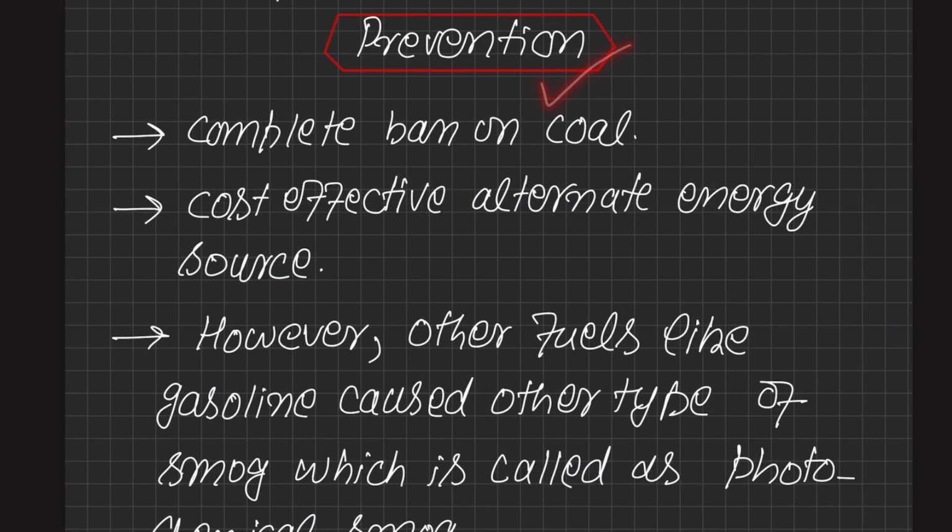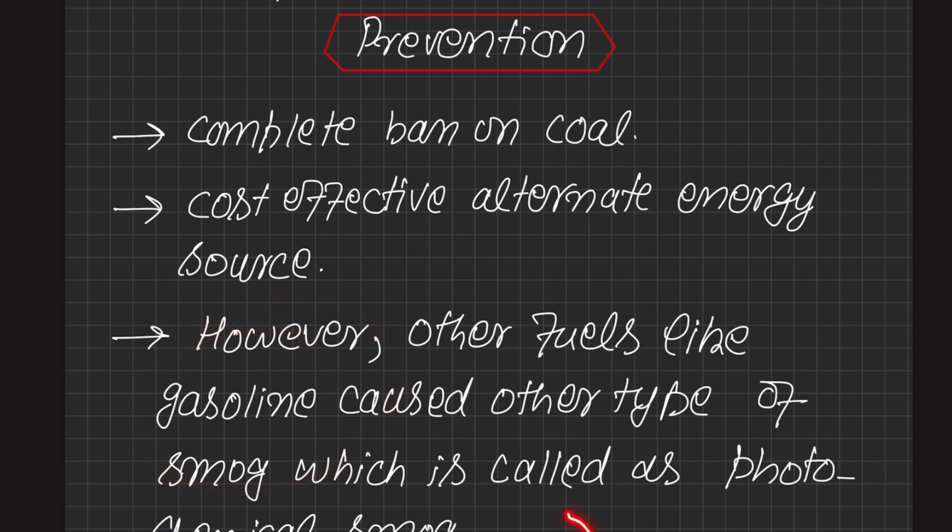So the question arises, how to prevent this smog? The one clear answer is a complete ban on coal, and to develop technologies or alternate energy sources that can replace coal. After coal, the major fossil fuel that was used was gasoline.